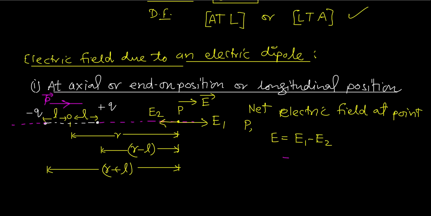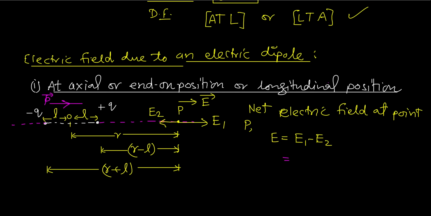Anyway, so let's write the magnitude of E1 and E2. We will use Coulomb's law basically to determine the electric field due to a point charge, and if you remember, that is given as 1 upon 4 pi epsilon naught q divided by separation square or distance square.